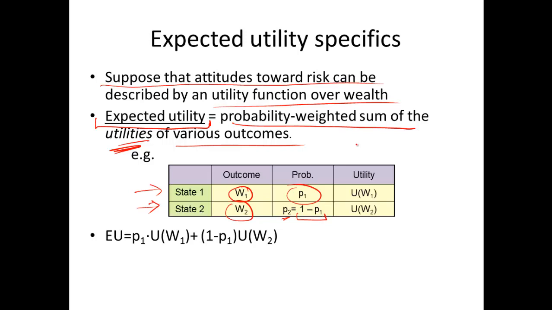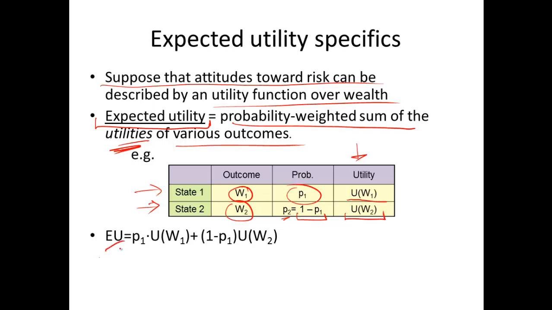Finally, this last column shows how well off the individual is in each of these two states. And again, how well off is being measured by the utility of wealth, not the wealth itself. In state 1, the individual's well-being is measured by U of W1. In state 2, the individual's well-being is measured by U of W2.